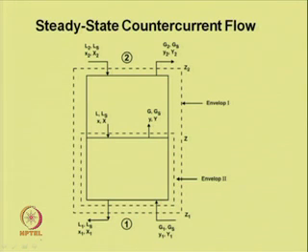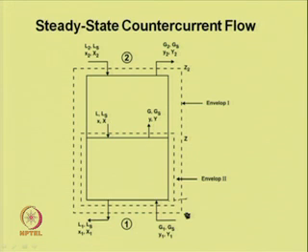In a steady state counter current flow, consider there are gas and liquid phases in contact. The gas, being a lighter component compared to the liquid phase, flows from bottom to top and the liquid flows from top to bottom. So, this is the location Z1, this is some intermediate location, any plane, and this is at location Z2.